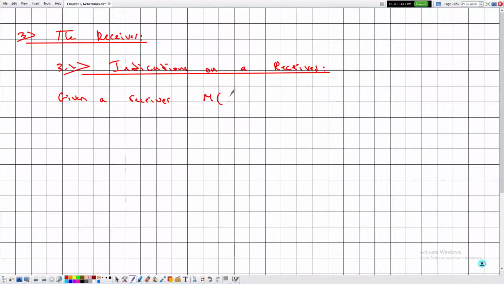Let me use the same values, for example, 12 volts and 4 ohms. So let me say, given a receiver AM carrying the following indications.